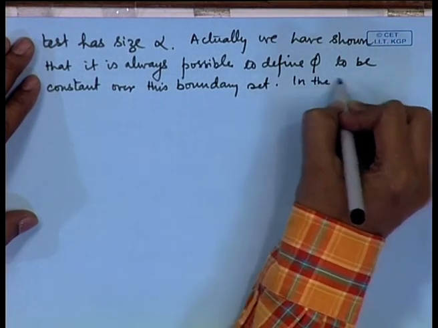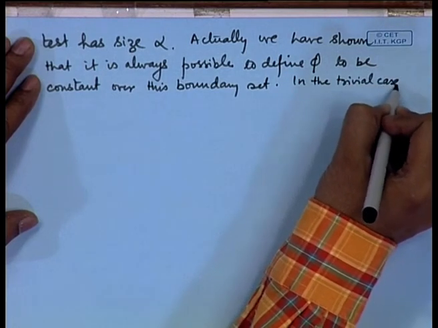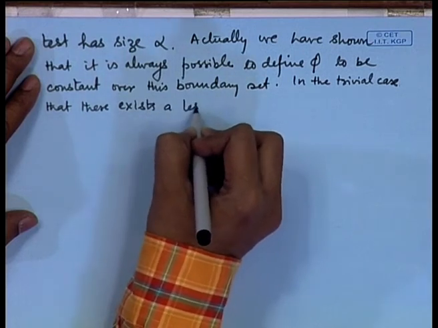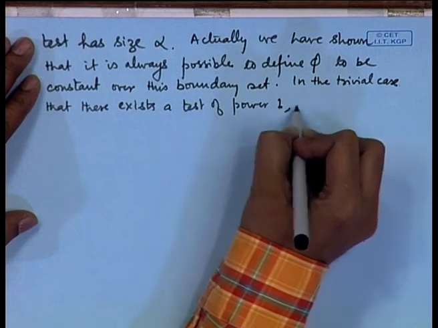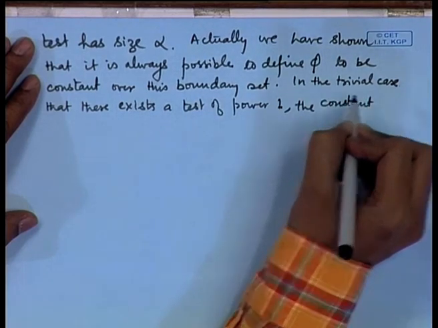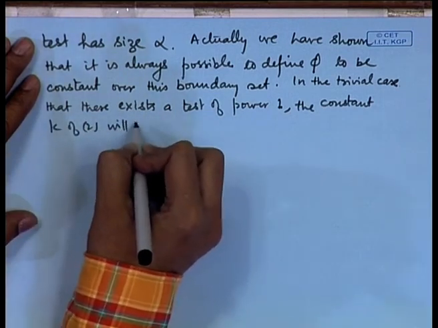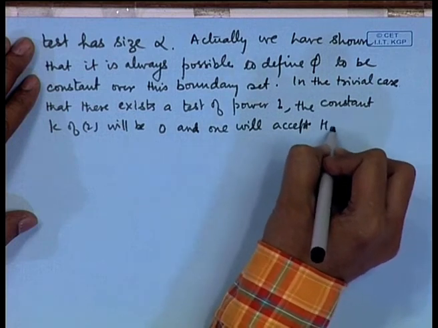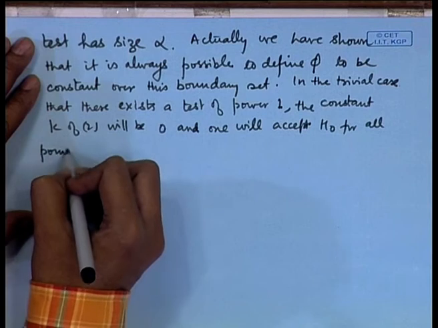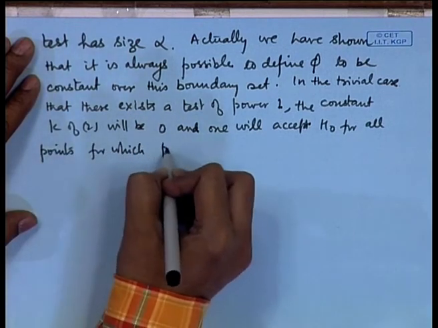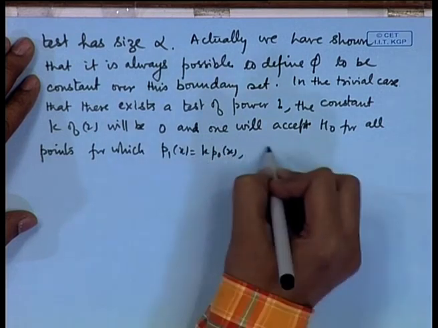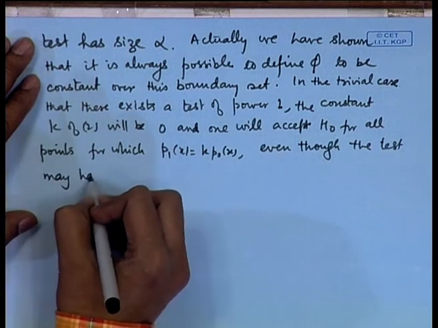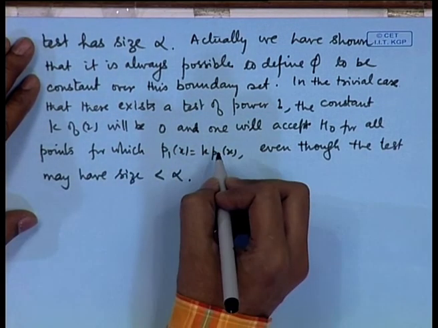In the trivial case, that there exists a test of power 1, the constant k will be 0 and one will accept H naught for all points for which P 1 x is equal to k P naught x, even though the test may have size less than alpha.